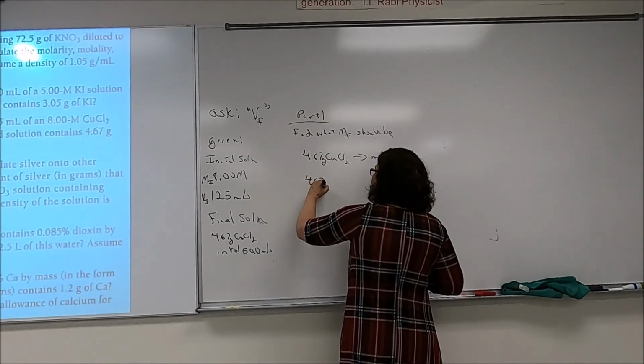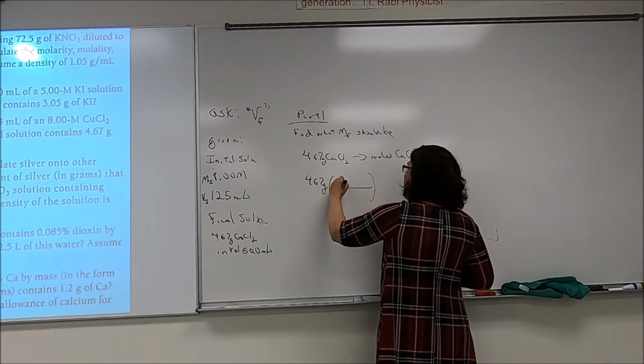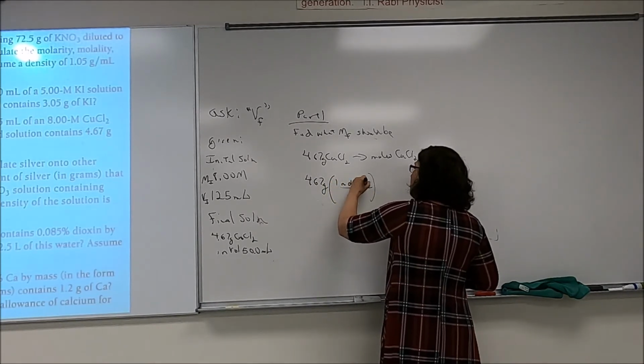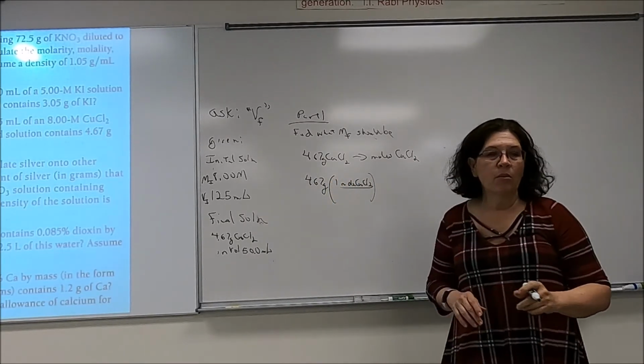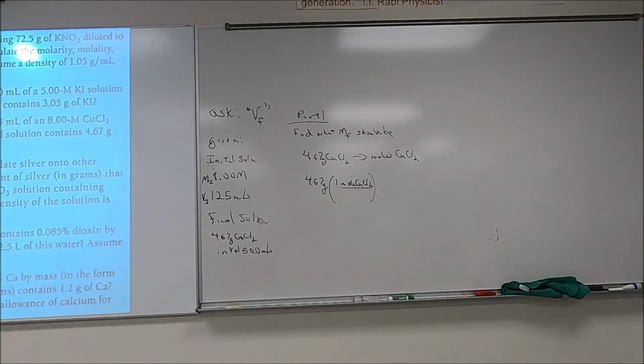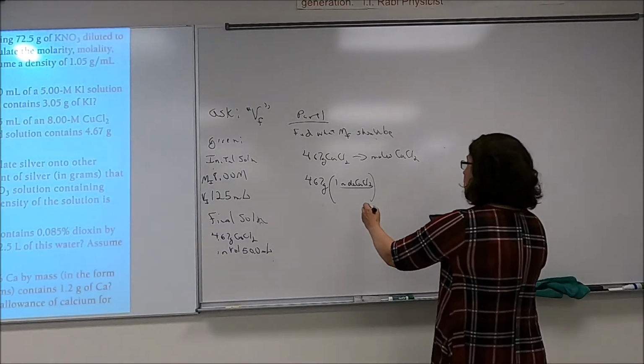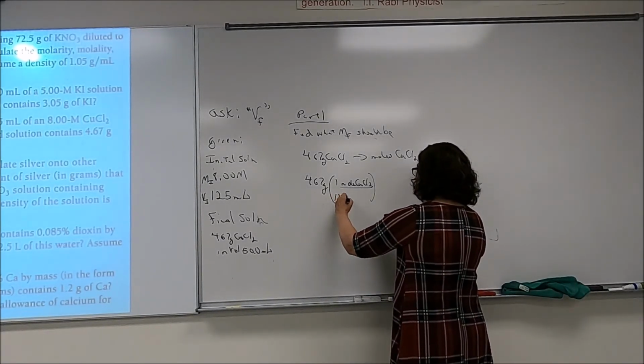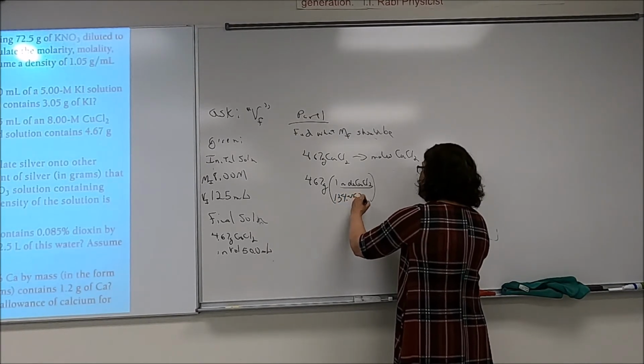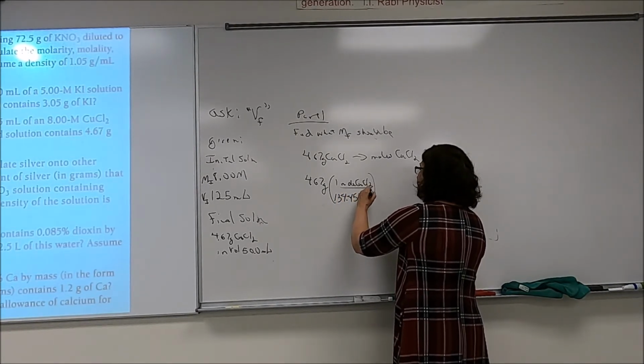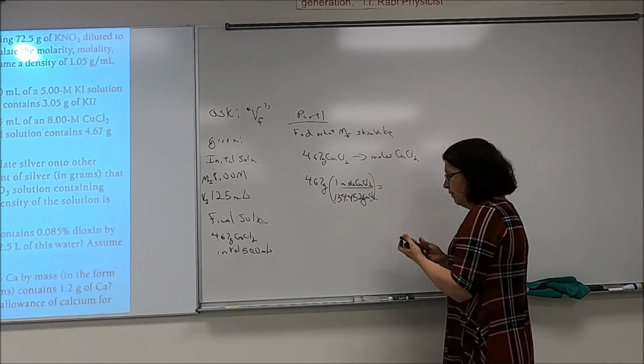So 4.67 grams, 1 mole of copper 2 chloride. I need the molar mass. So 2 times 35.453 plus 63.546. So there's 134.452 grams of copper 2 chloride for every 1 mole.